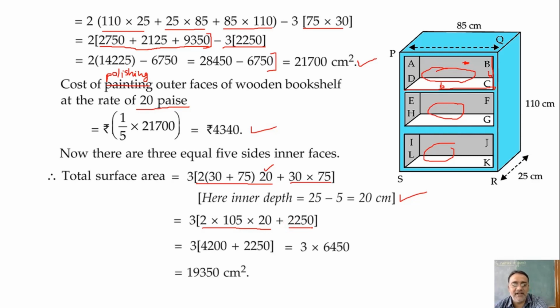So 19350. This is the total surface area of painting inside.